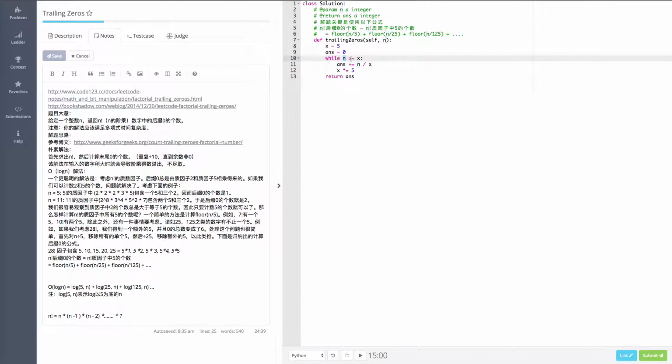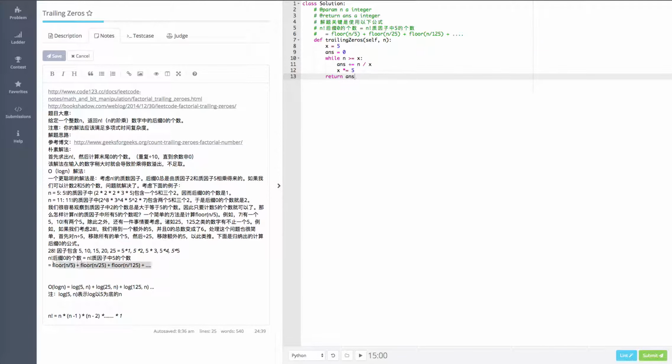If n is greater than or equal to our factor, we continue doing this: n divided by the factor, and we accumulate the previous answer. After this is done, we update the factor by multiplying it by 5, and we continue until the factor is greater than n, and the while loop exits, and we return the answer.